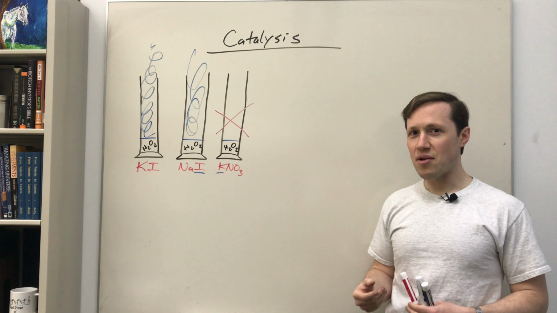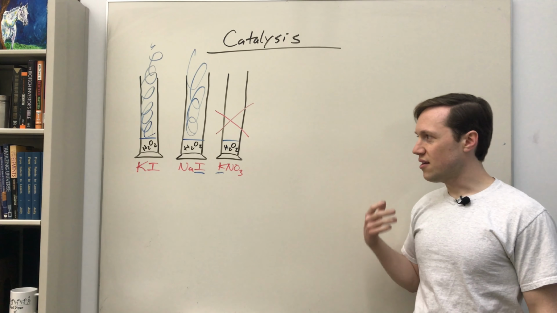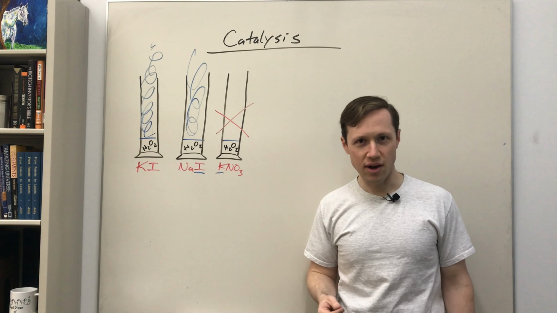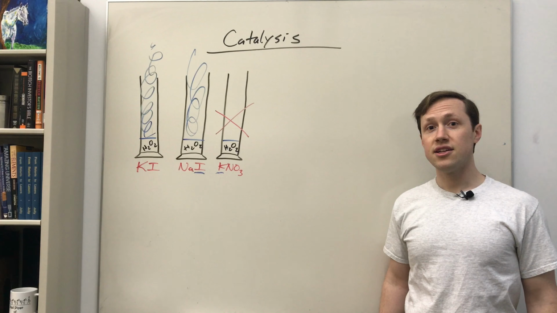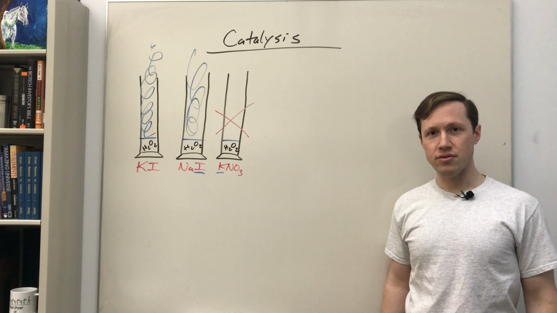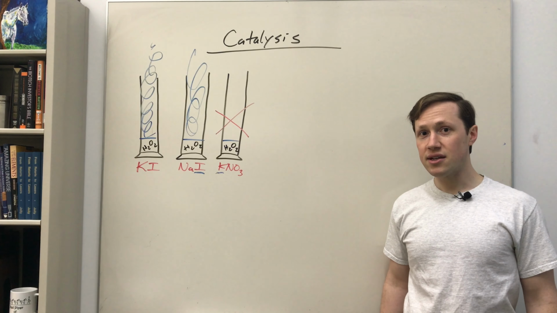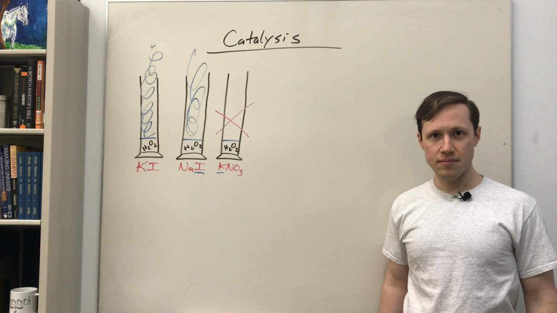So now let's talk about what a catalyst is and why it might be challenging to identify one. A catalyst is something that changes the rate of a reaction without itself being consumed in the reaction.